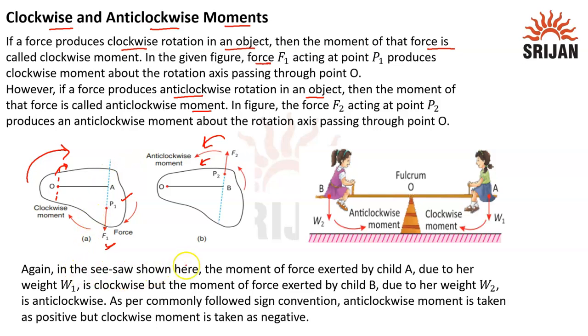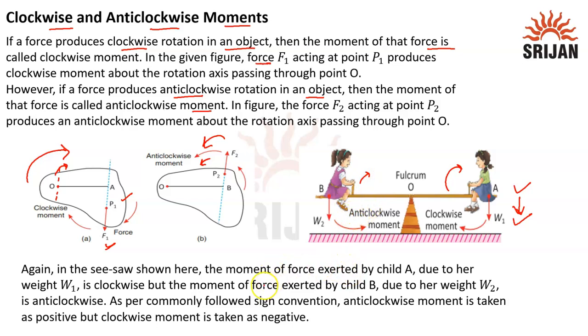Now again, here we can see in this seesaw that is shown here, the moment of force exerted by child A due to her weight W1 is clockwise, because the force will be in this direction and the motion will be clockwise like this, because it will be going upwards.